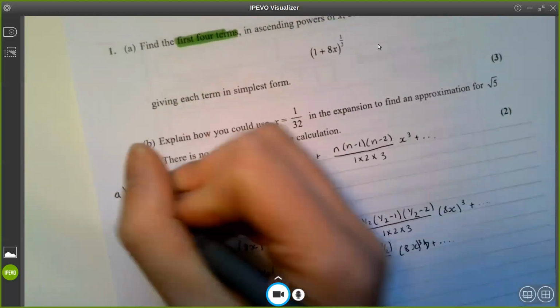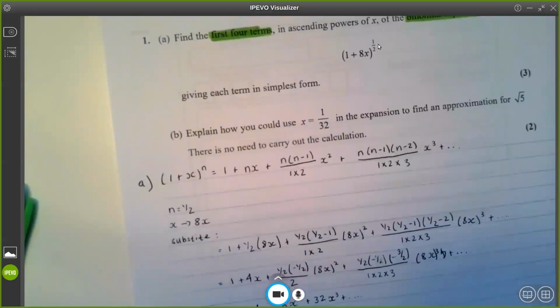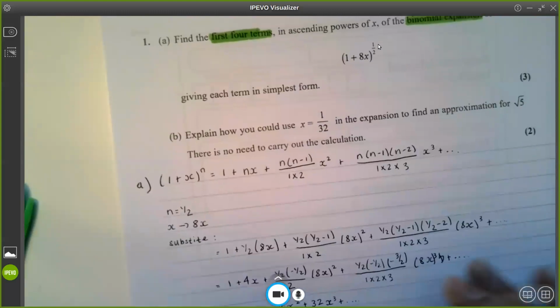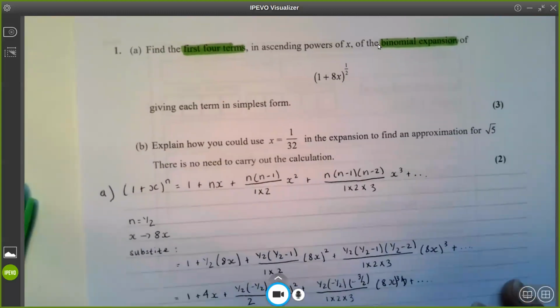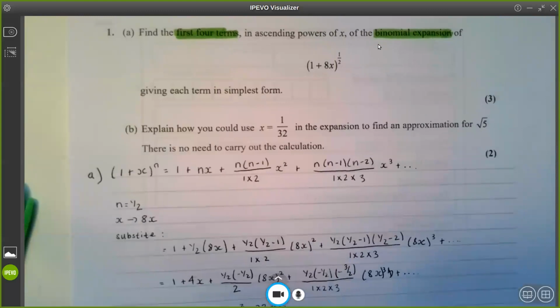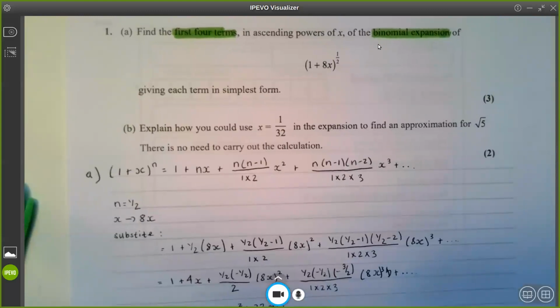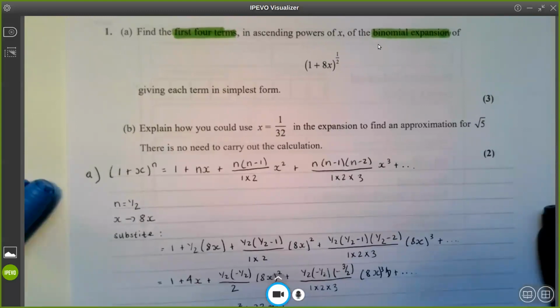So now let's have a look at B. That one says, explain how you could use x equals 1 over 32 in the expansion to find an approximation for the square root of 5. There is no need to carry out the calculation.